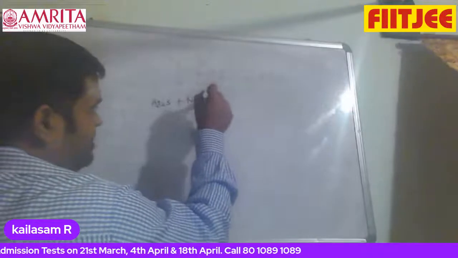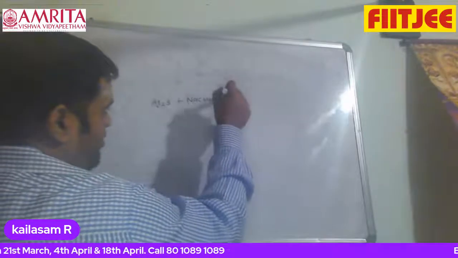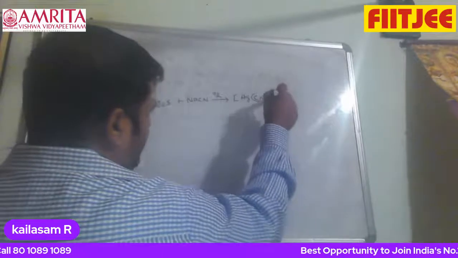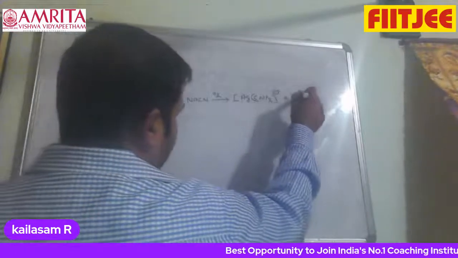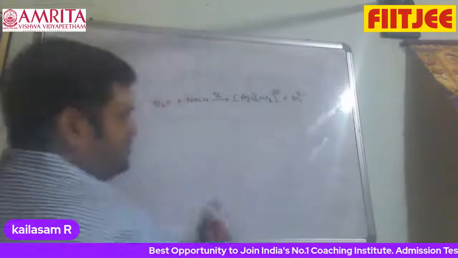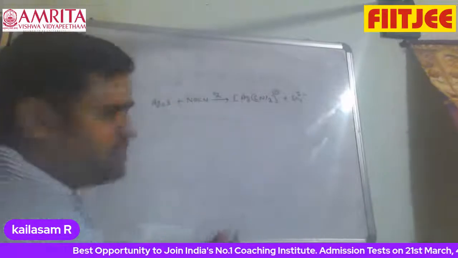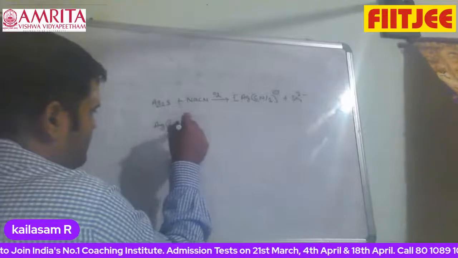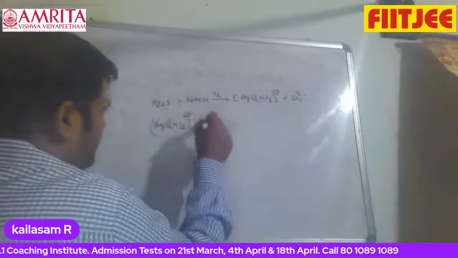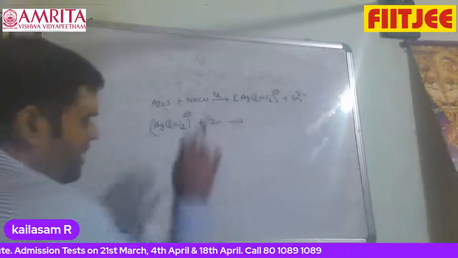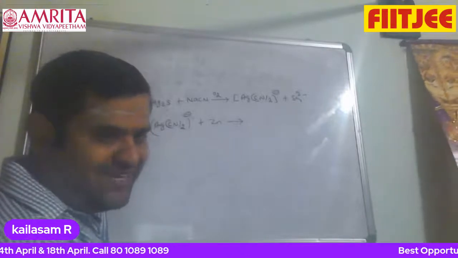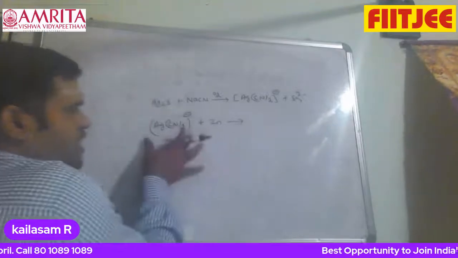The purpose of using NaCN is to make a soluble complex in the presence of air, forming [Ag(CN)2]- plus SO4 2-. It forms a soluble complex. Then we add zinc. Why? A highly reactive metal can displace a less reactive metal from its salt.